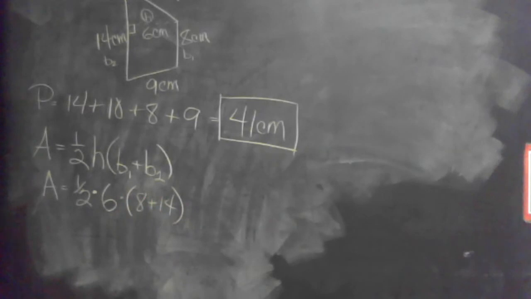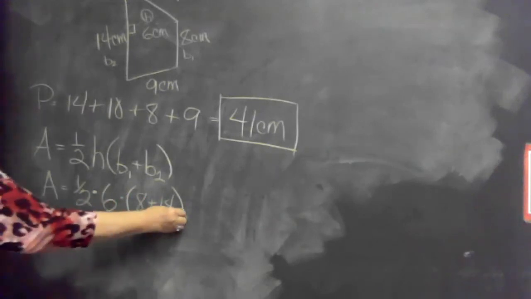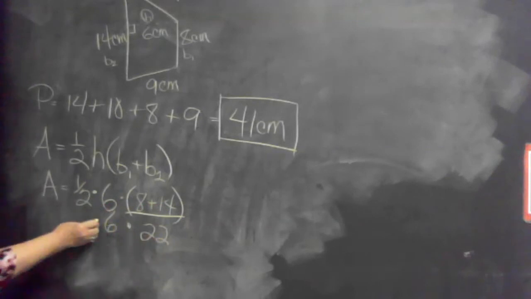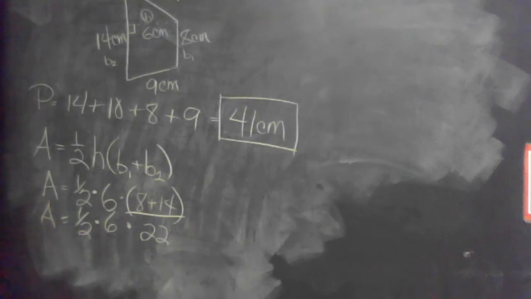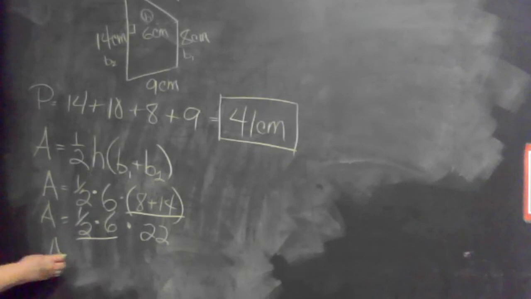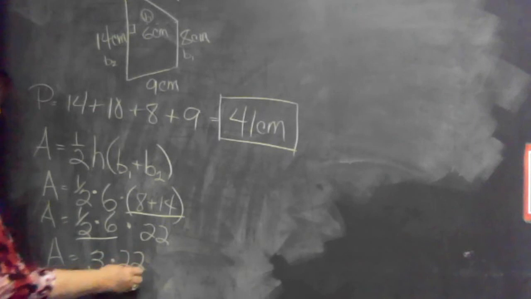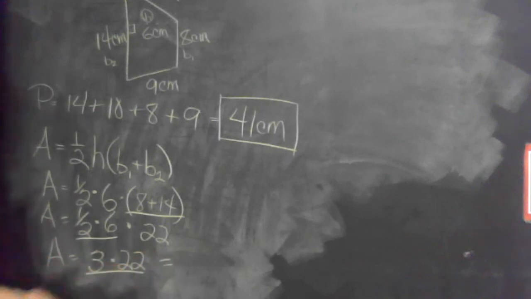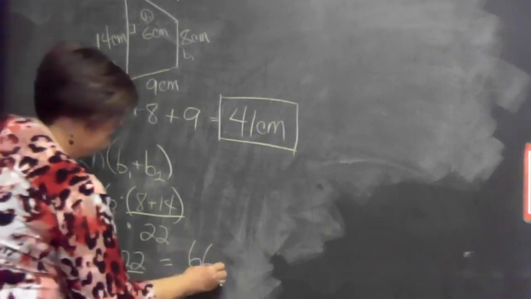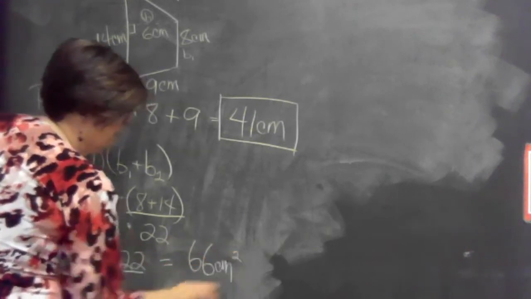Okay, we have to do parentheses first. 22 times 6 times 1/2. You write the whole equation so you don't get mixed up. Then we do multiplication left to right. So 1/2 of 6, 3 times 22, and that's our last multiply. So now we have 66 centimeters squared.